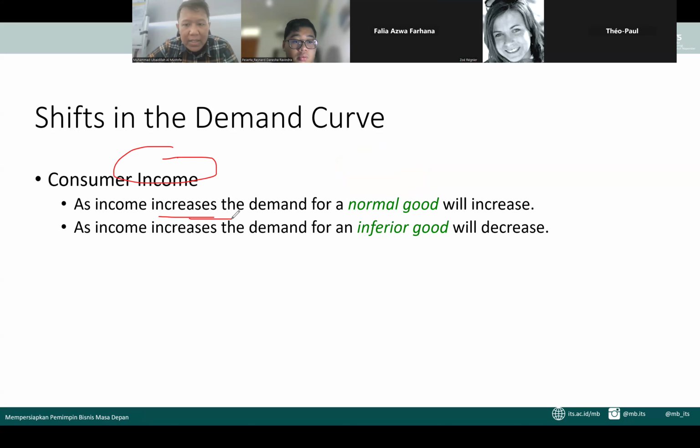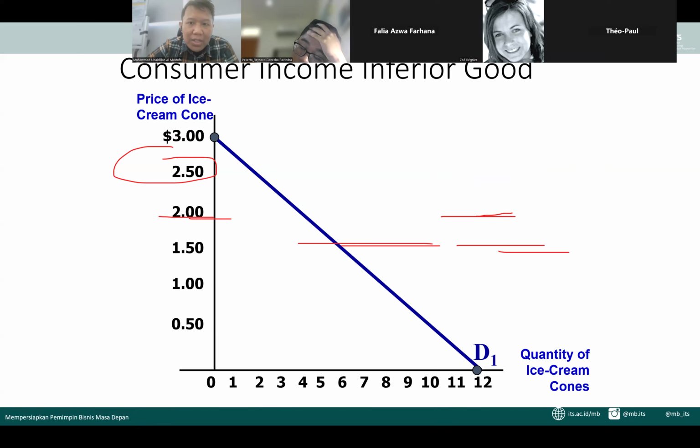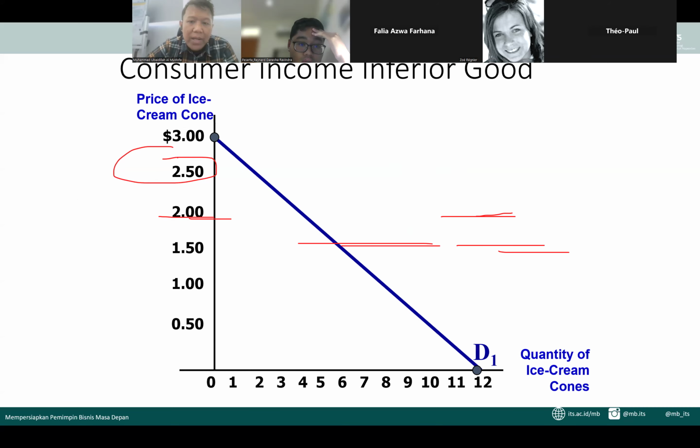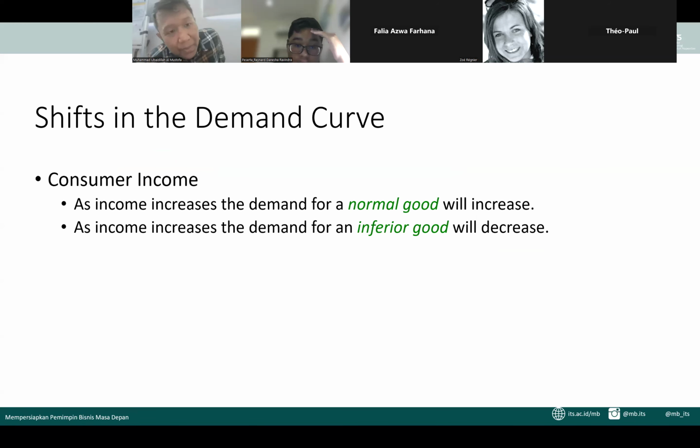As income increases, the demand for a normal good will increase, but the demand for an inferior good will decrease. Now we have two kinds of goods. We have the normal goods and we have the inferior goods. So what does it mean, the normal goods and the inferior goods? Can you give me an example of a normal good and an inferior good? Please take notes. So normal goods always increase when we have an increase in income.